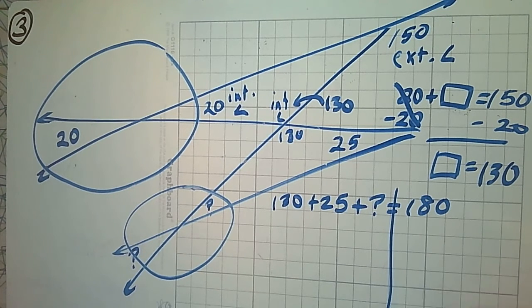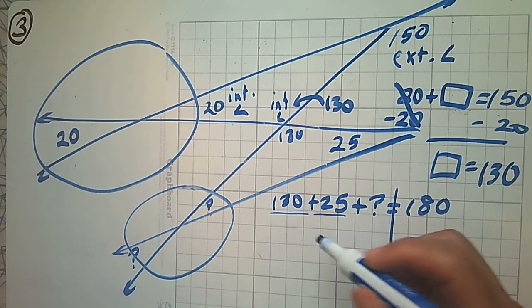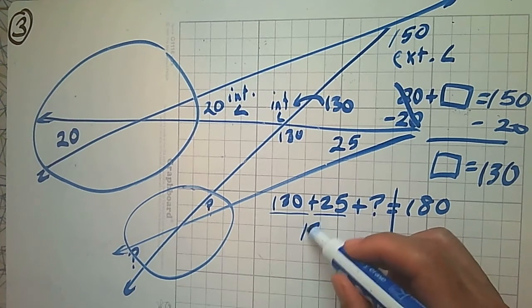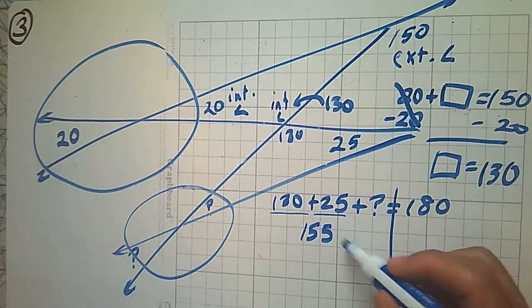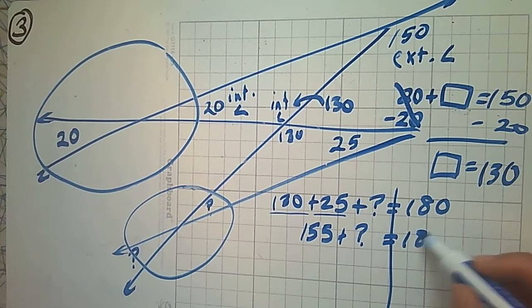Now I get the question mark by itself. You can combine this and this: 130 plus 25 would be 155. Plus question mark is equal to 180.